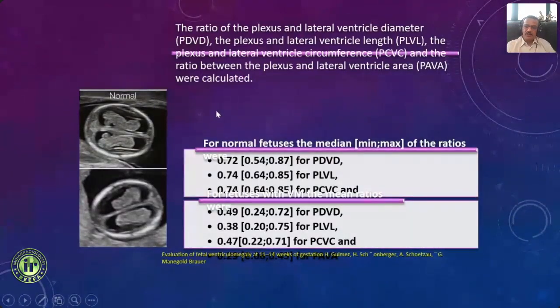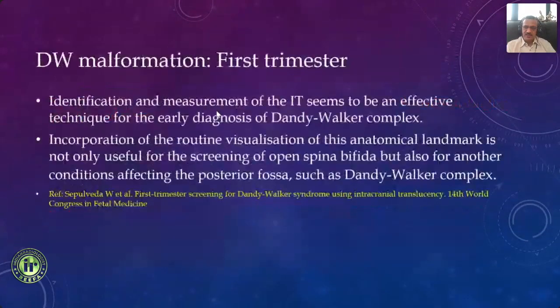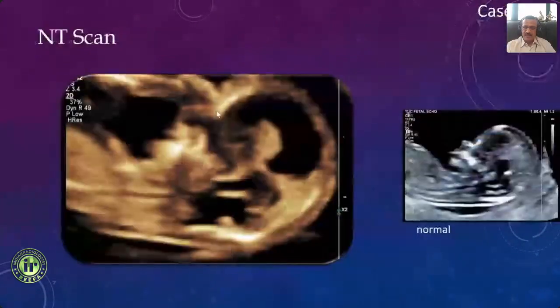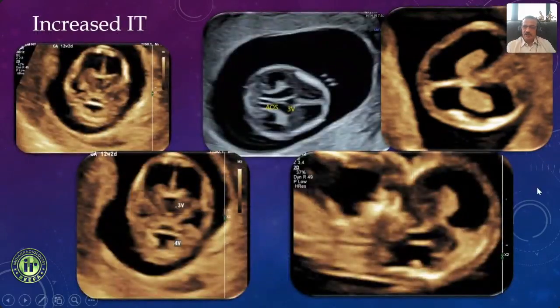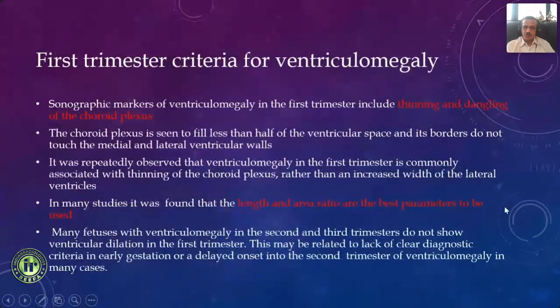So there are two important teaching points: an increased IT, as she has pointed out, and ventriculomegaly, and the fact that you should now routinely take an axial view. A good number of you must have heard Simon Meagher's lectures this time. BPD and axial view of the posterior fossa is becoming a must in the first trimester.